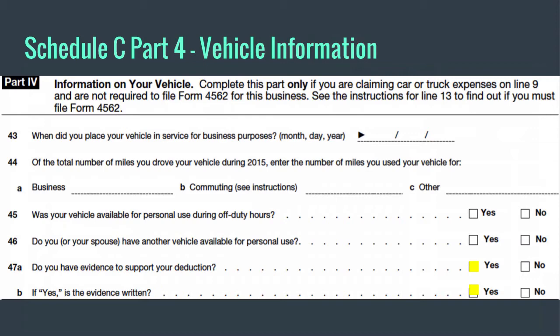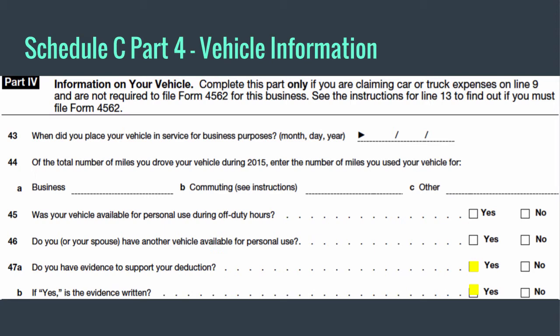And an important thing to know is that when you are wanting to claim business mileage or anything involving your car, you need to keep some sort of mileage log. And I believe we talked earlier about some apps that you can use, including ones on your phone or anything like that.